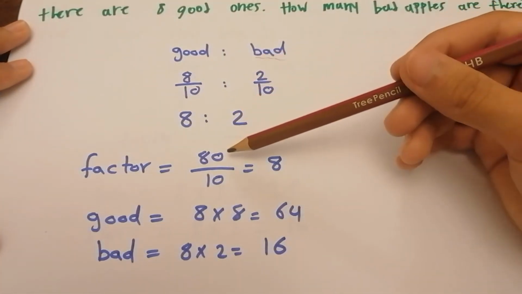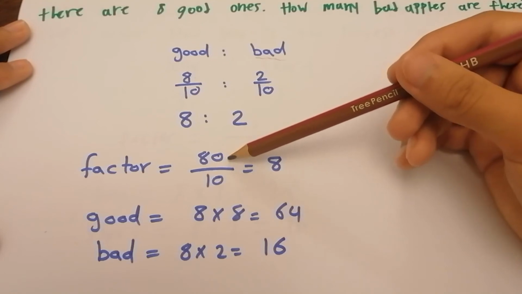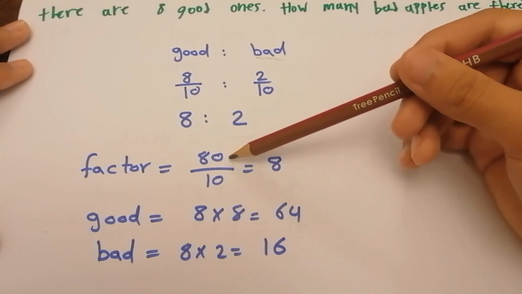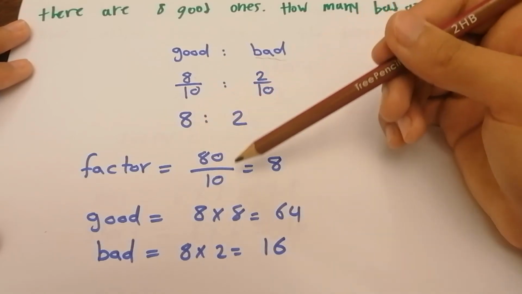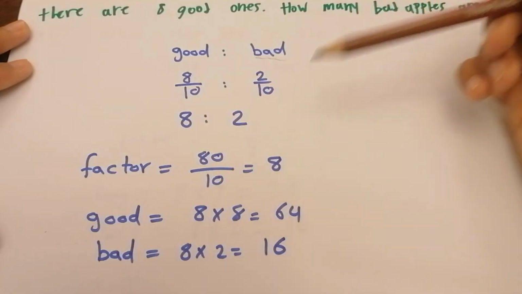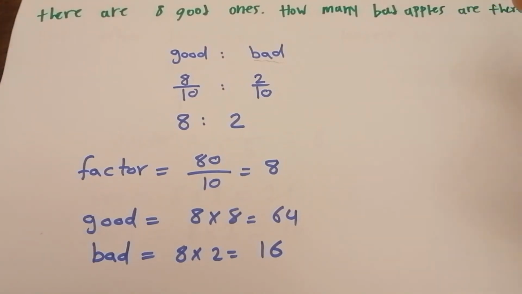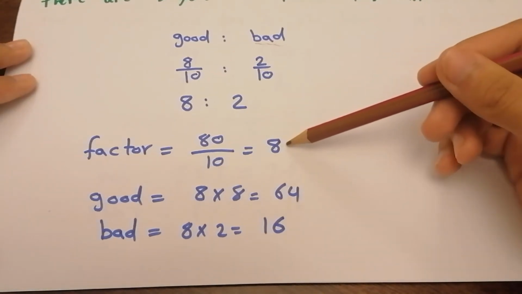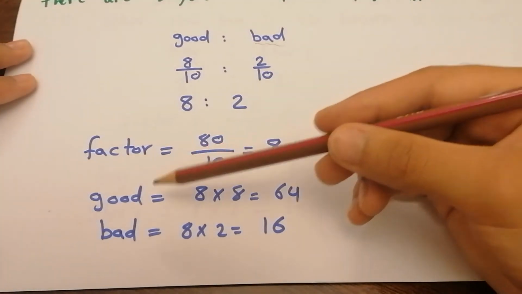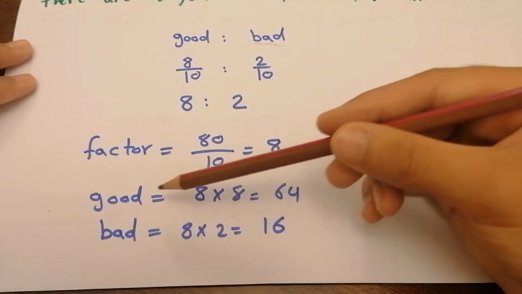So to do that, we're going to take the total number of apples in the box, which is 80, and then we're going to add our ratio, which is 8 plus 2, which gives us 10, which represents the number of apples in each group. Now that we have our factor, which is 8, we can find the good ones and the bad ones.